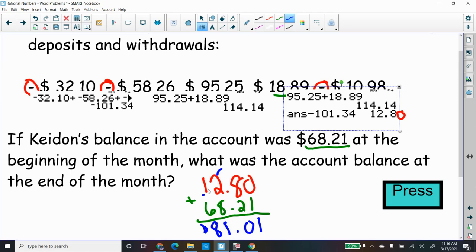So after she paid all her bills and put her paychecks in and saw how much she had at the beginning of the month, she would have $81.01 at the end of the month. So that's how you pretty much balance your checkbook and your checking and withdrawing.